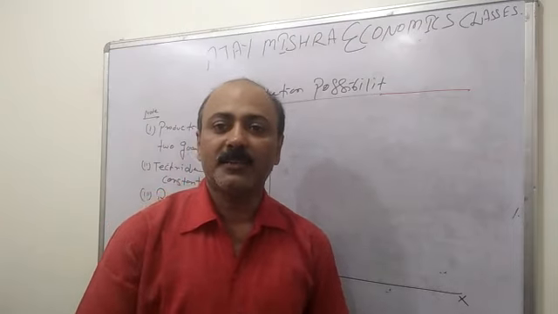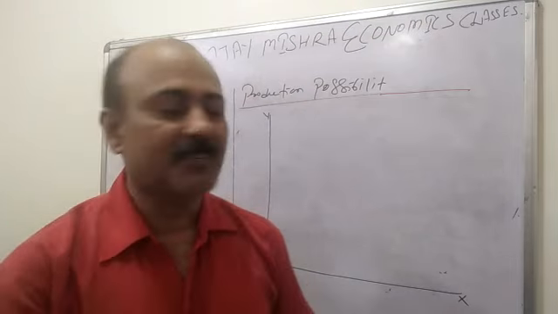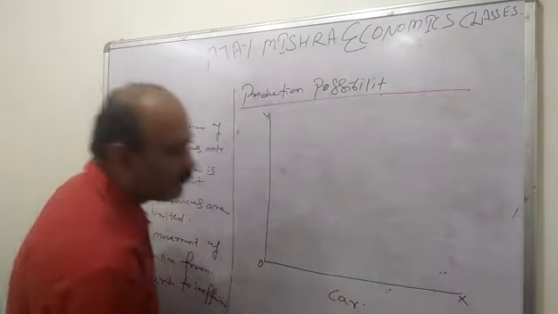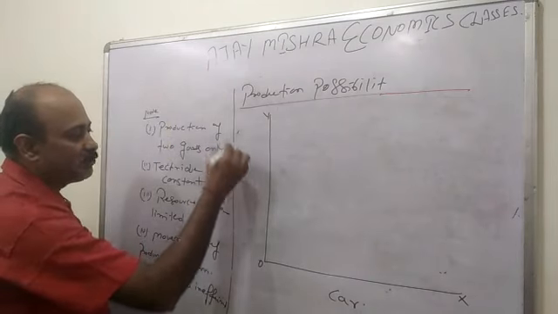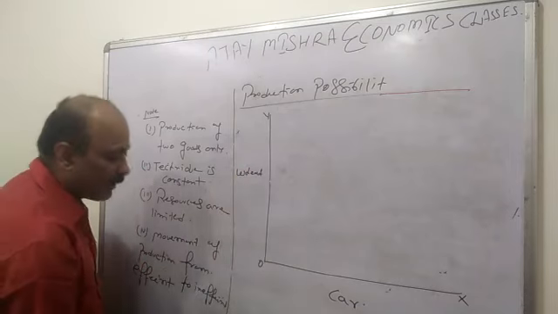And on the y-axis we take those commodities which we are sacrificing. It means on the x-axis we are taking the production of car, and on the y-axis the production of wheat.